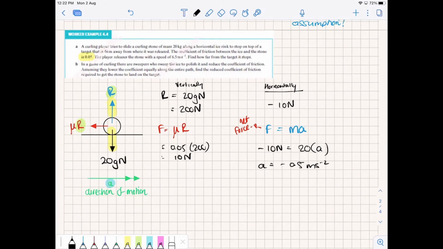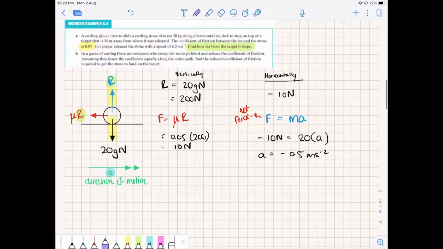Now that I have the acceleration, the question has asked us, find how far it stops from its target. So let's list the information that we have. They gave us the initial velocity.